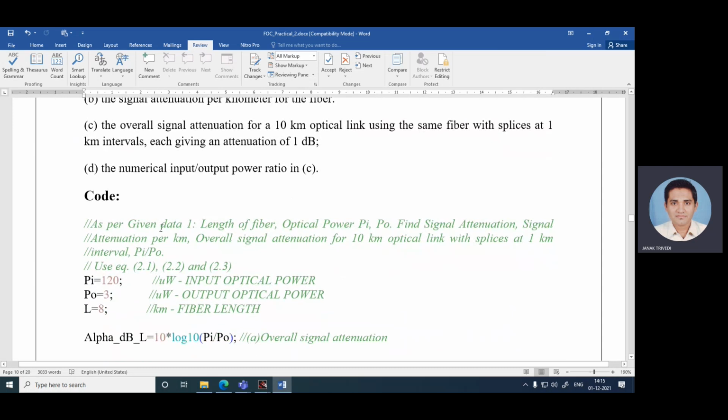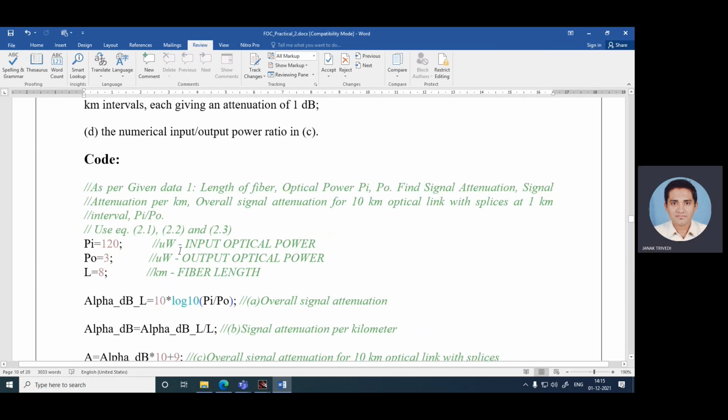Given data 1: the length of fiber and optical powers Pi and PO, and we have to find the signal attenuation per kilometer, overall signal attenuation for a 10 km optical link with splices at 1 km interval, and finally the Pi by PO ratio. For this example, we have to use equations 2.1, 2.2, and 2.3.